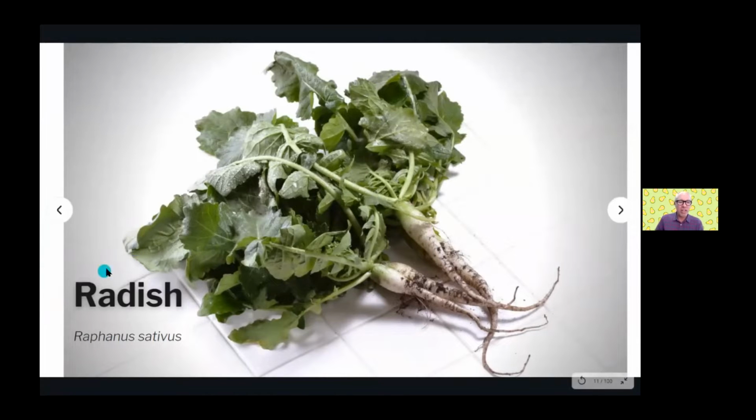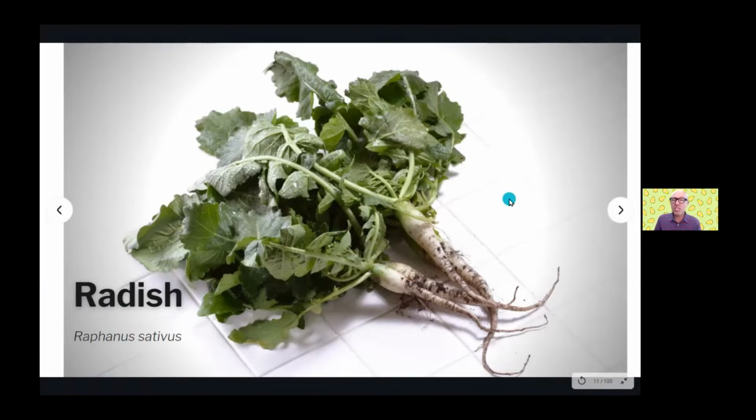Raphanus is the genus name for radish. That's just an old and ancient Latin early people's name for this wild plant that can be found throughout Europe. Sativus means it's been brought into cultivation. So we're not quite sure what species of Raphanus was brought into cultivation, and we'll talk about that later.